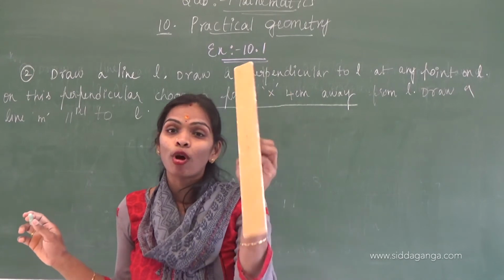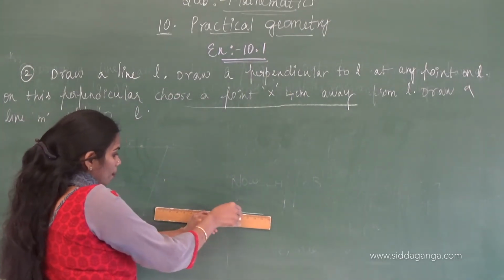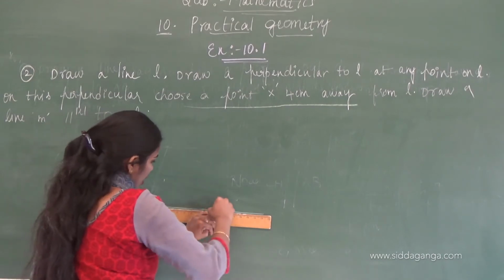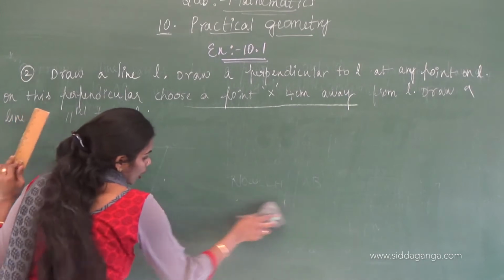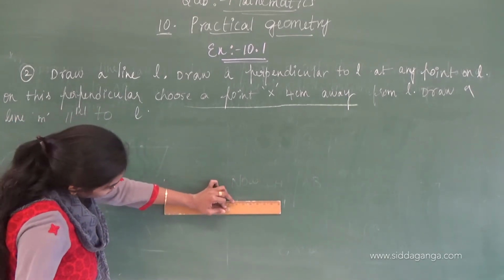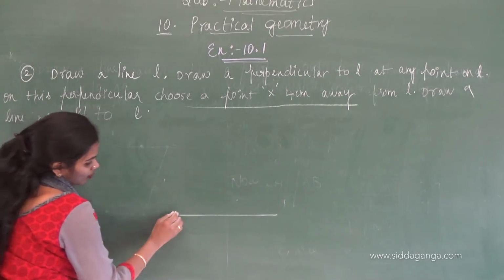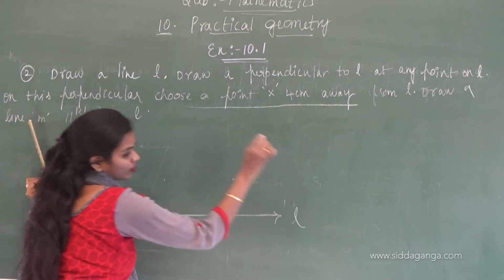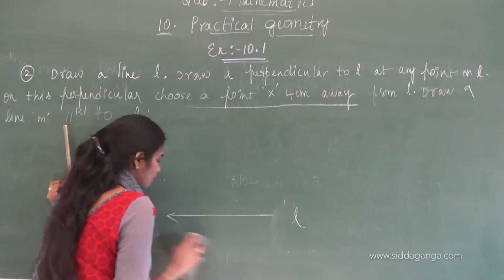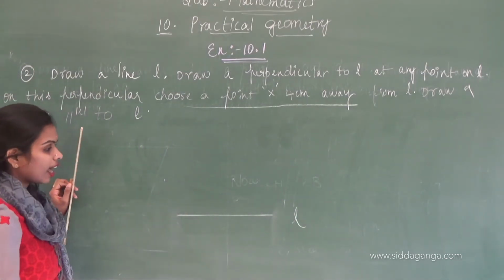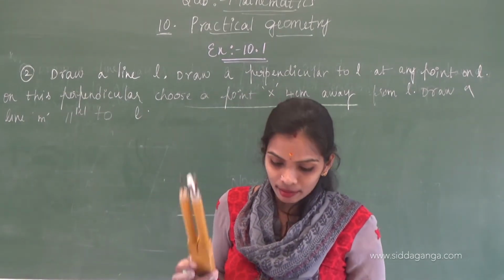What do I have to do first? First I am drawing a line segment L. Correct? And then we have to draw a perpendicular line for that.